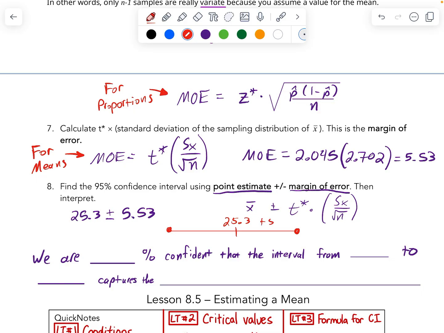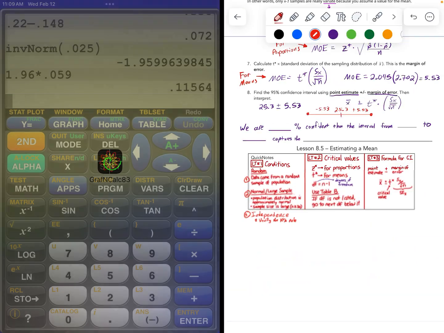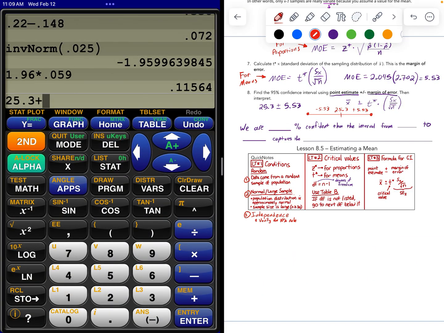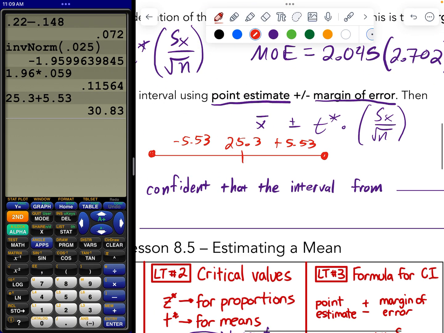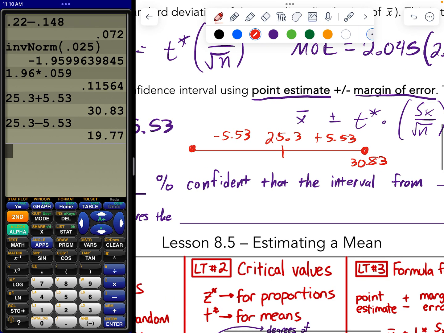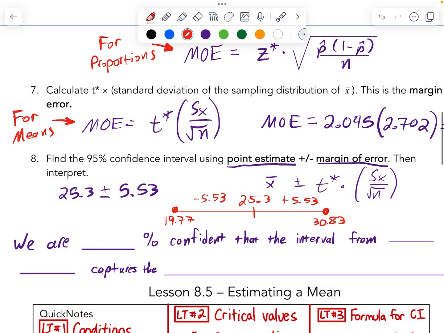I know I'm going plus 5.53 and minus 5.53 to get the endpoints, to get my interval. And so what is that? 25.3 plus 5.53. That's the high end of the interval, 30.83. And then copy and paste and just make it a minus, 19.77. Okay, so there's my interval, folks.